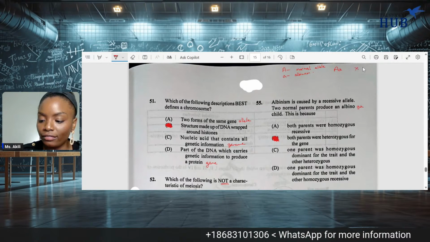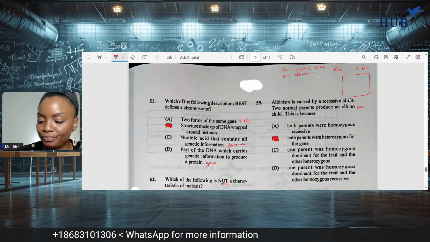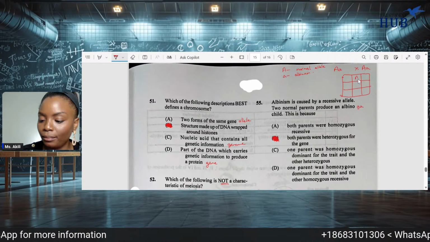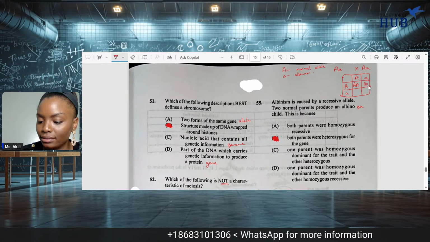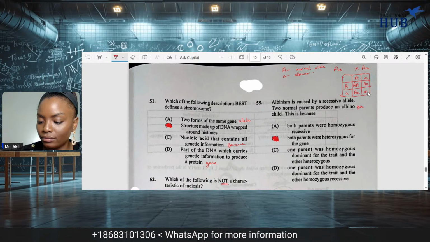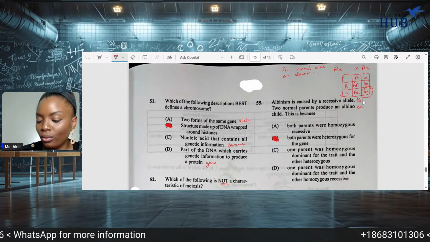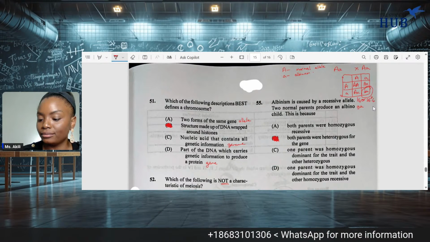So if both of them are heterozygous, when we put that in the Punnett square, big A, small a, big A, small a, and we work out all the possibilities, they have a 1 in 4, or a 25% chance of having an albino child.